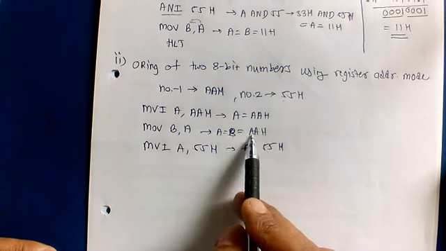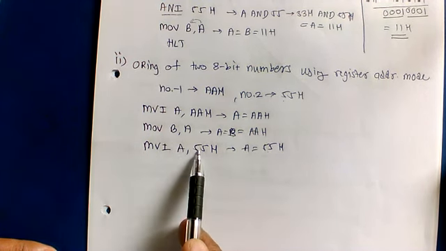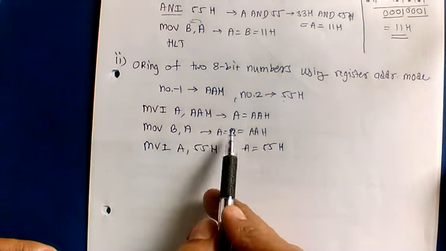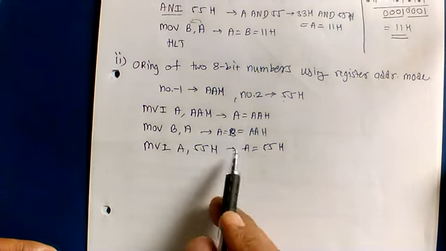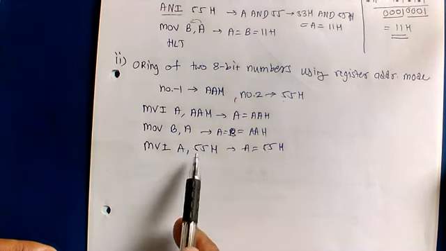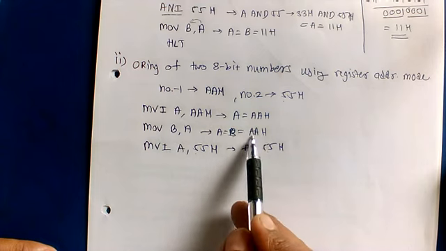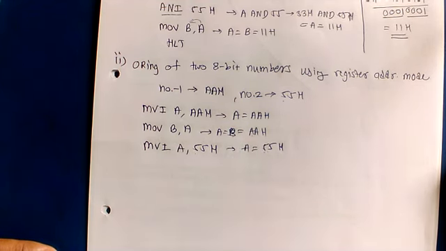The AA hex that was available from the previous instruction, the accumulator content, gets overwritten with the new data, that is 55 hex.